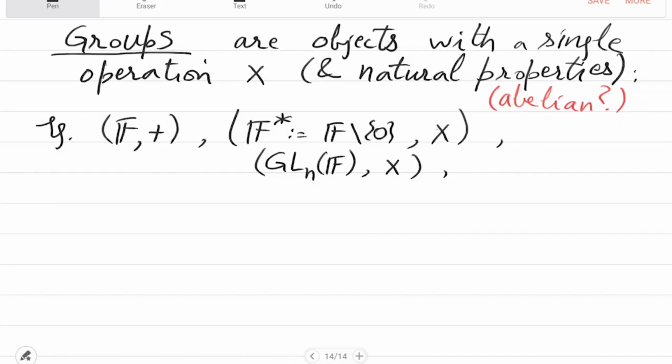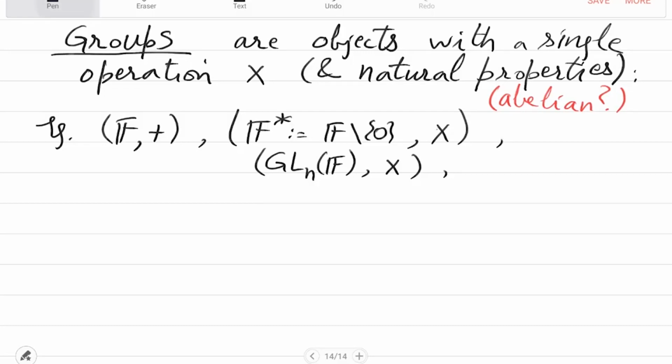GL stands for general linear group of n by n matrices, with entries coming from the field F. Since these are all invertible matrices, it's a group under multiplication.